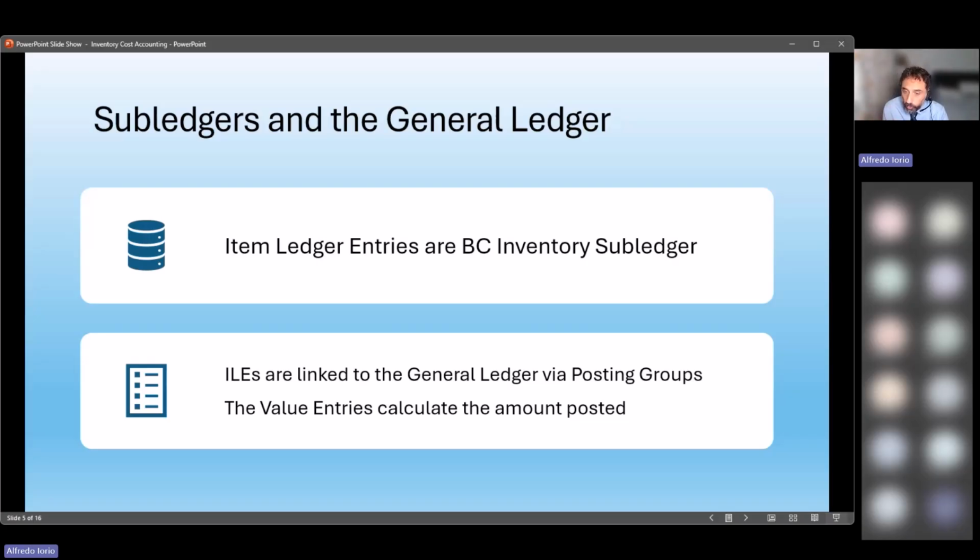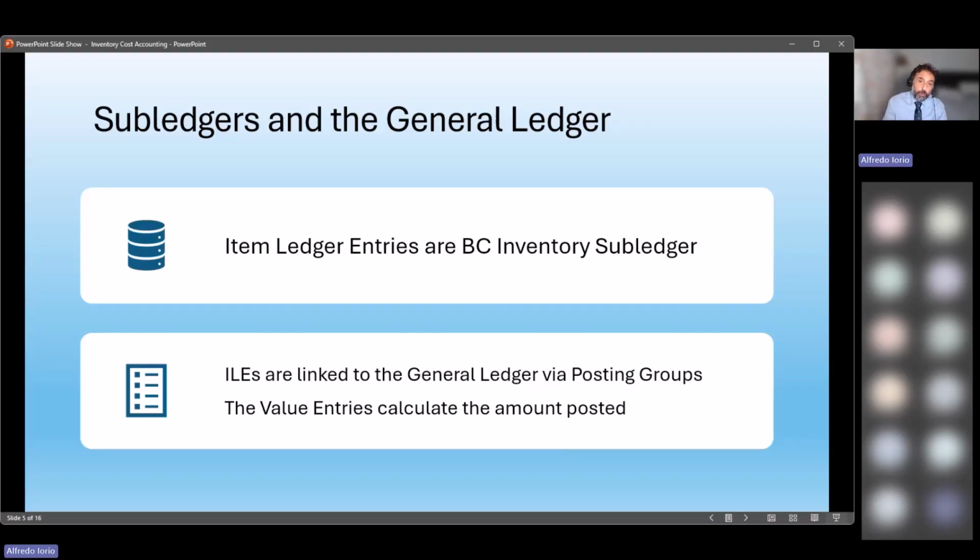It only stores the inventory increase and inventory decrease, up and down, right? Inventory goes up and inventory goes down. It doesn't do the double entry because, again, it's a subsidiary ledger. Item ledger entries are linked to the general ledger by a posting group.